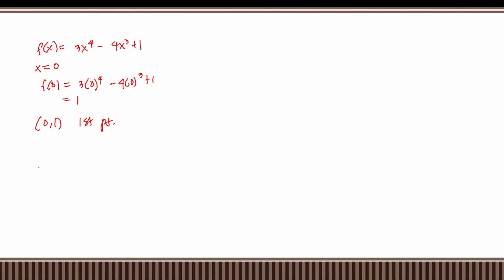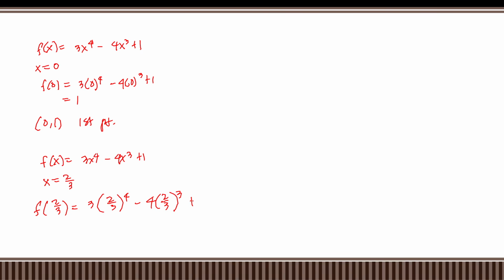And we have here the second point. We have to look for the second point. So f of x is equal to 3x raised to 4 minus 4x cubed plus 1, at x equal to 2/3. By simply substituting into the original equation, 3 times 2/3 raised to 4 minus 4 times 2/3 cubed plus 1.